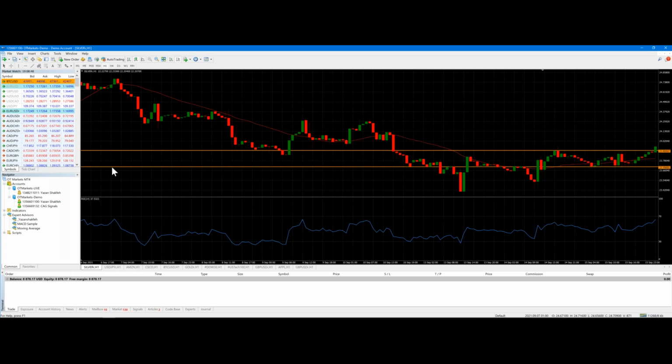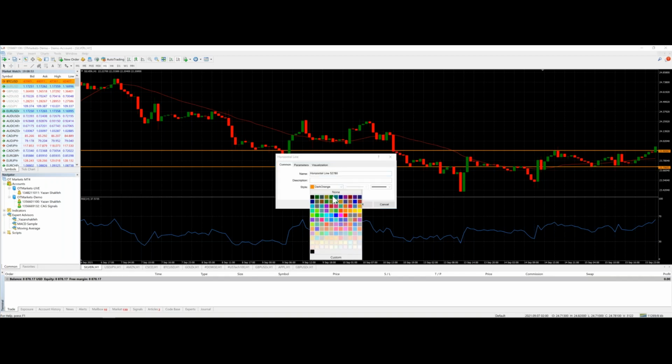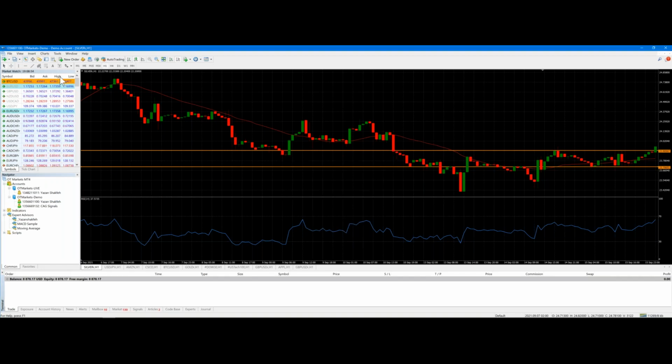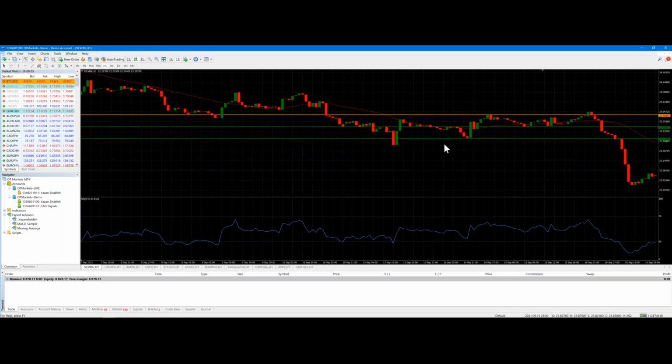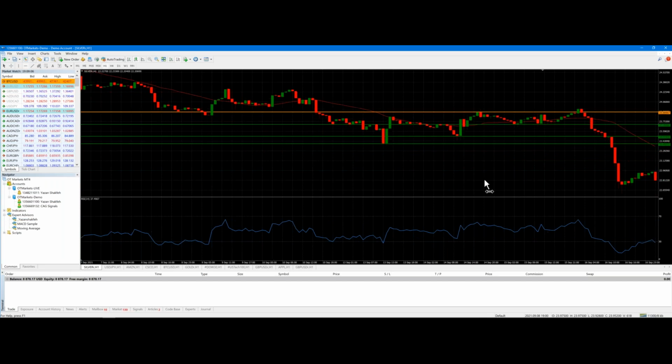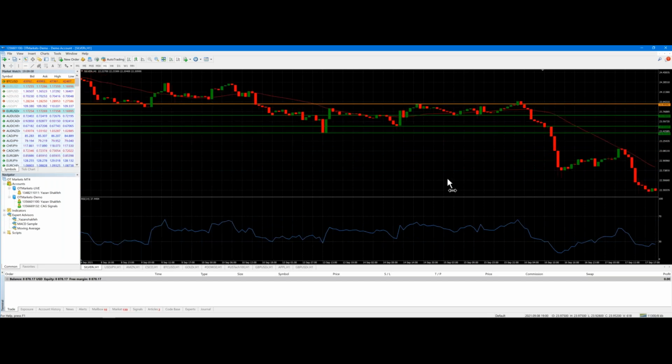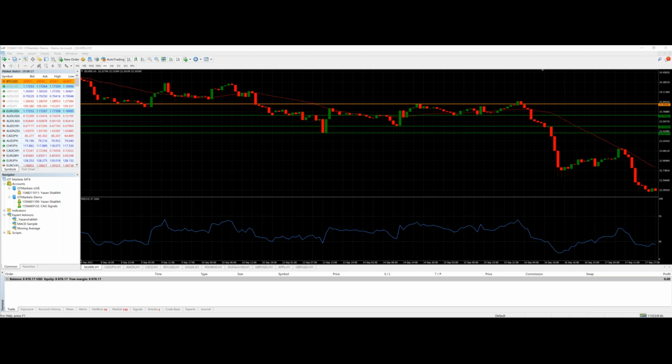I'm gonna color it in green, this one, followed by this one. You can see that we reached them and we reached even more. So this is the first application of the price action that's called false break.